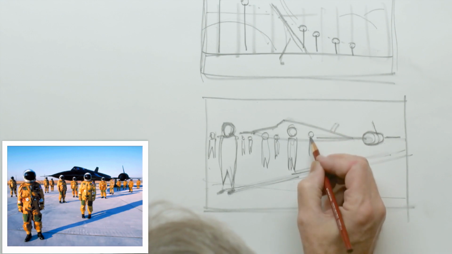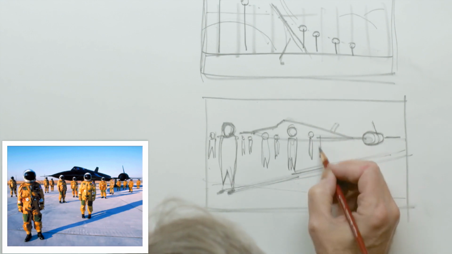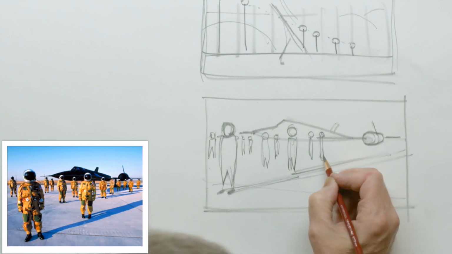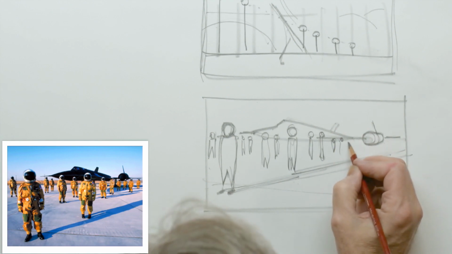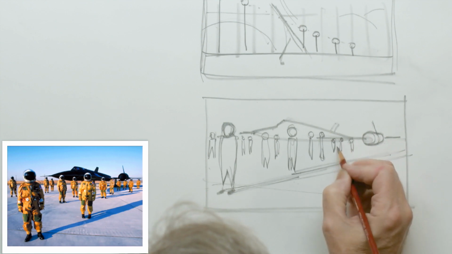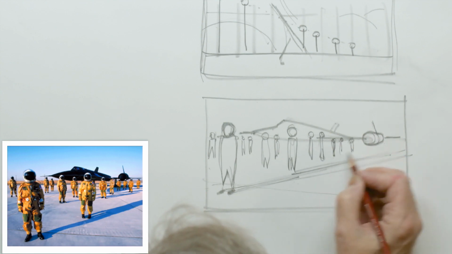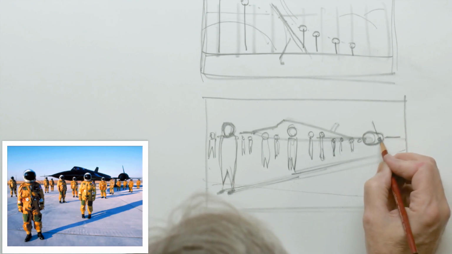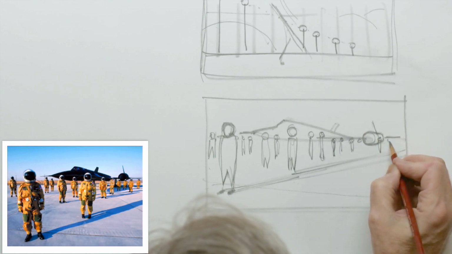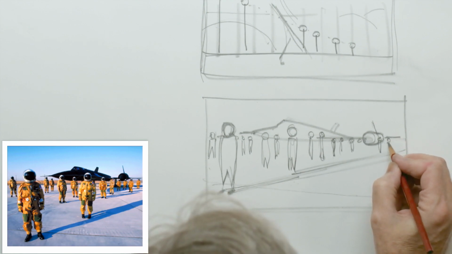Got another one. Another one. And then a couple of them back in here. This guy's a little taller, closer. And then a few of them. This one just a little closer, and then another one back here.